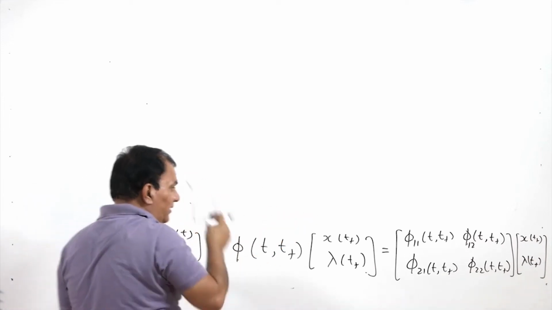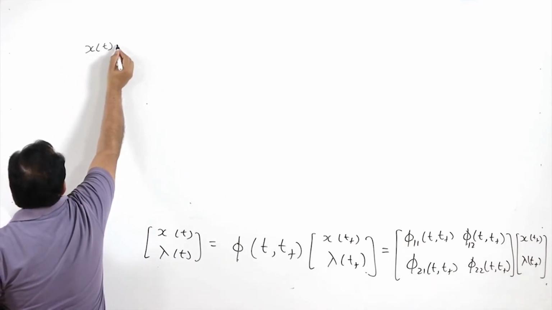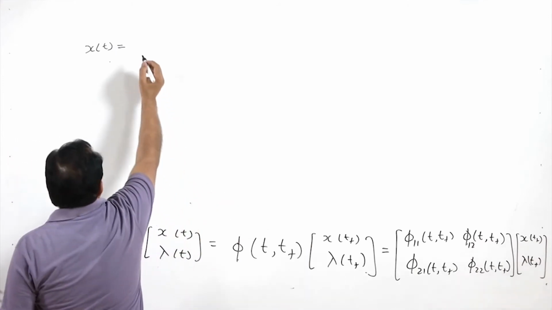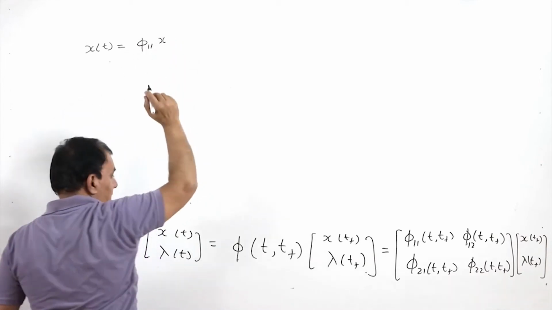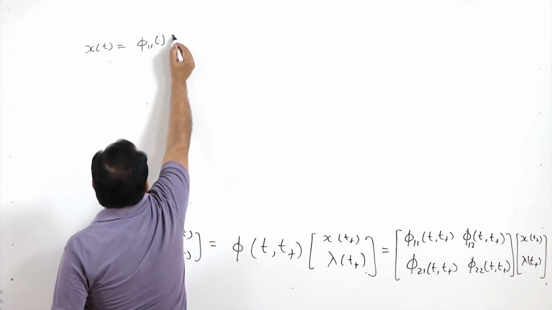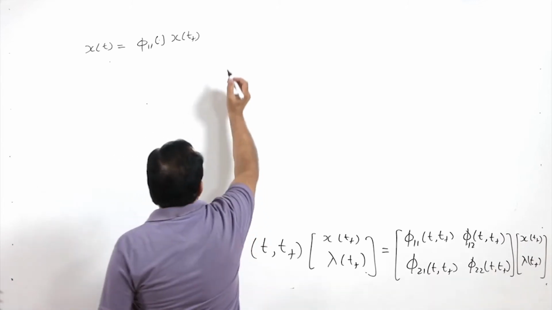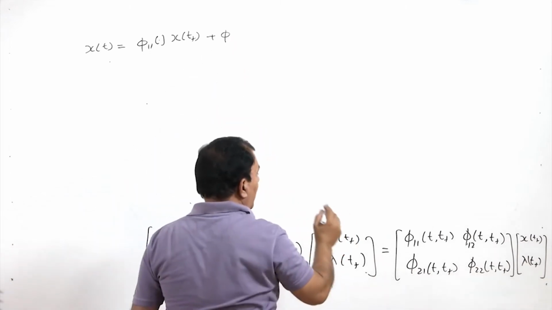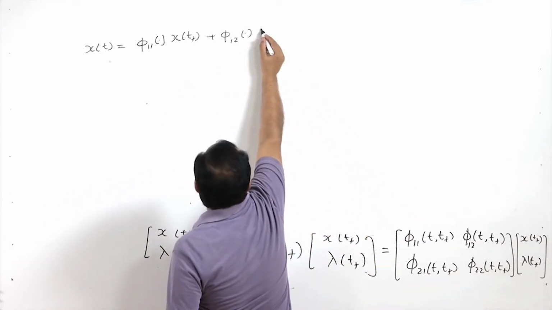Now, if I expand this relation in terms of the x(t), what I will get? Phi 11 x(t_f) plus phi 12 lambda(t_f).